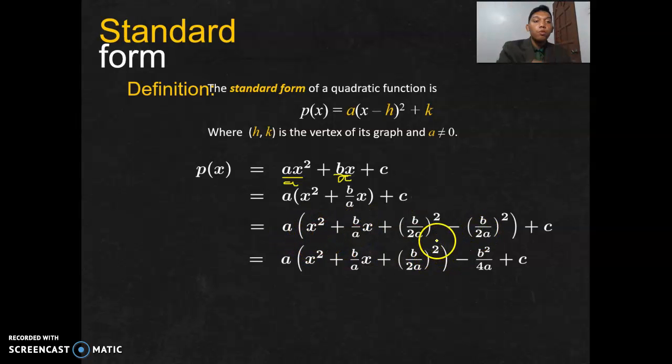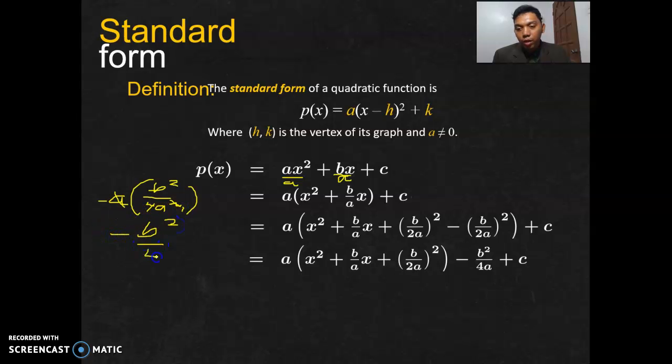So if you move it outside, you have to move it along with a. So it becomes negative a times b squared over 4a squared. What happened here is we cancel this one, this becomes 1 na lang. So negative b squared over 4a. Alright? So that's what happened here.